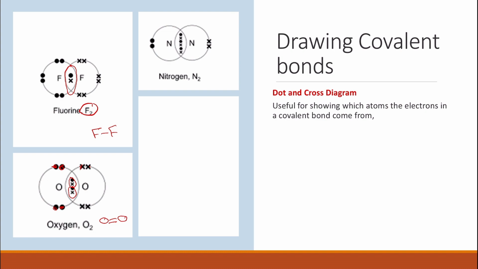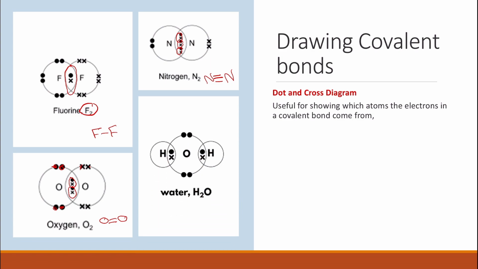So in total, there will be 3 pairs of shared electrons or 6 electrons. Each pair will represent one covalent bond. So the 2 nitrogens will have a triple bond, or 3 covalent bonds, in between them. To represent it using the displayed formula between the 2 nitrogens, we have to draw all 3 covalent bonds as 3 lines.